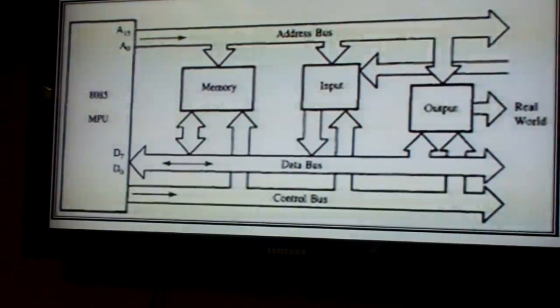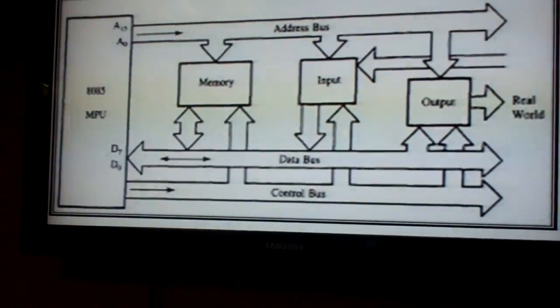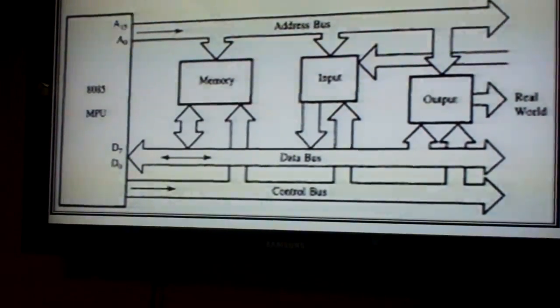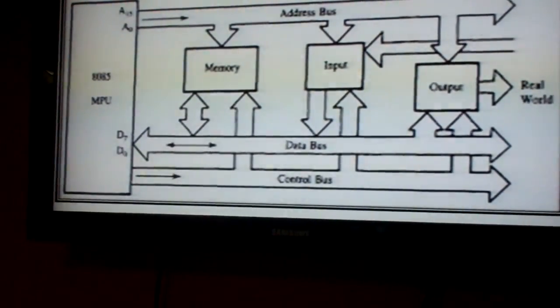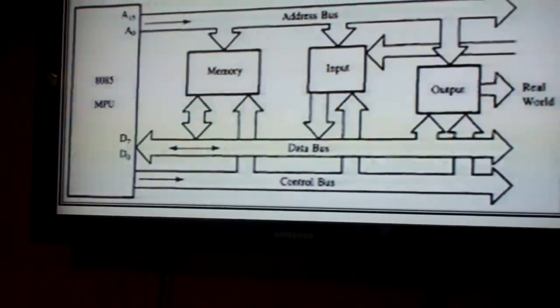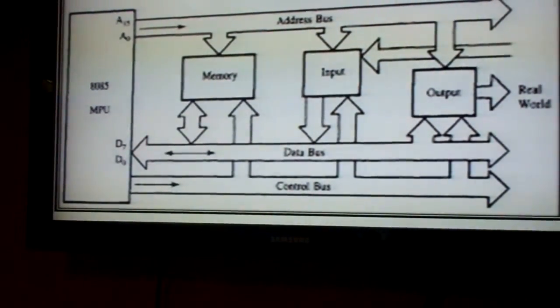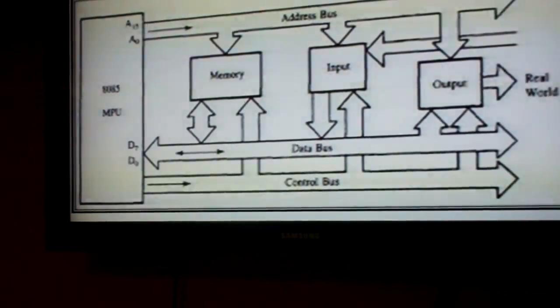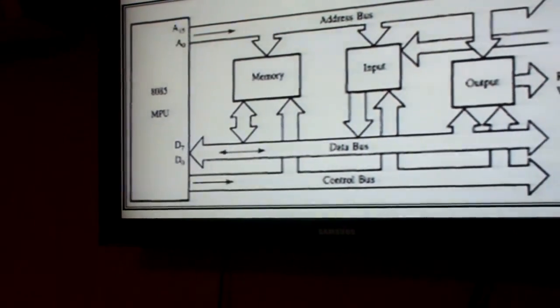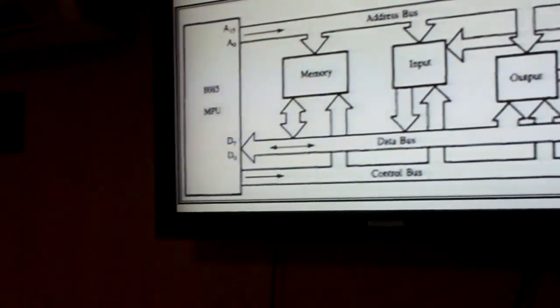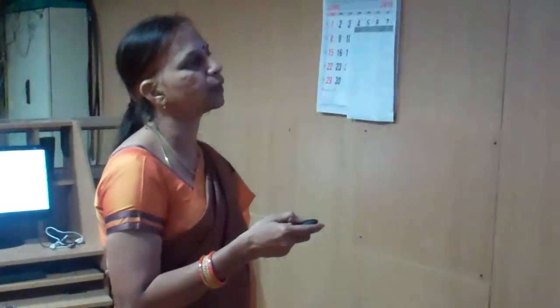It takes the data from the microprocessor and sends it to the outside world, and it also takes in information from the outside world and sends it to the microprocessing unit. It has a memory. The information can be accessed from the memory of the microprocessor and communicated to the different devices. You have an input device. The information is input to the microprocessor from the various input devices.